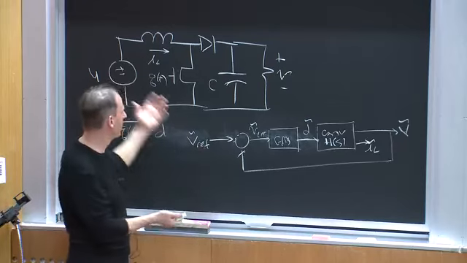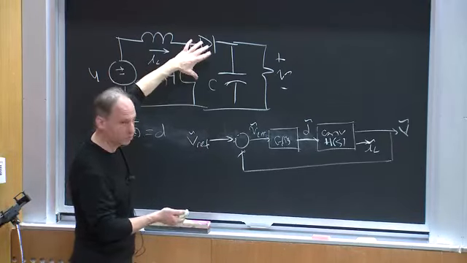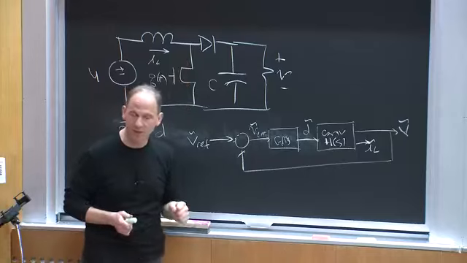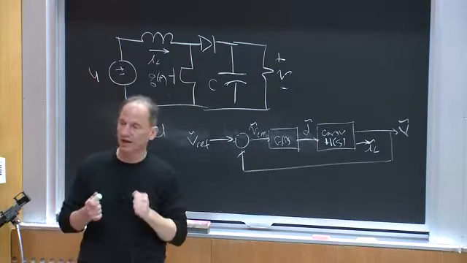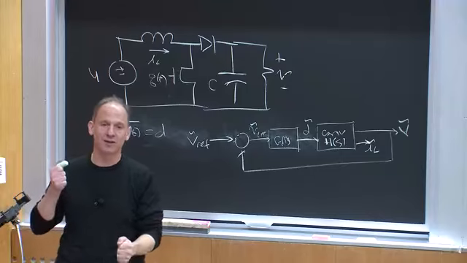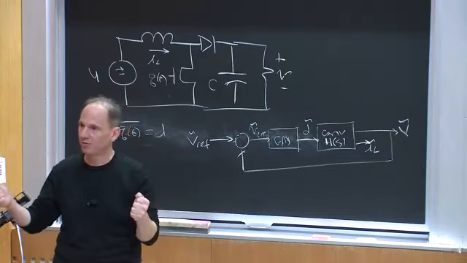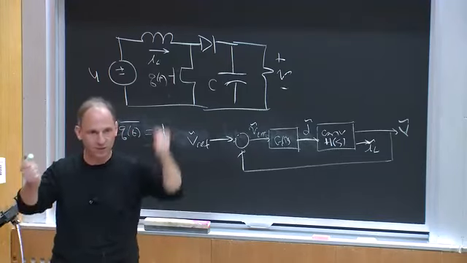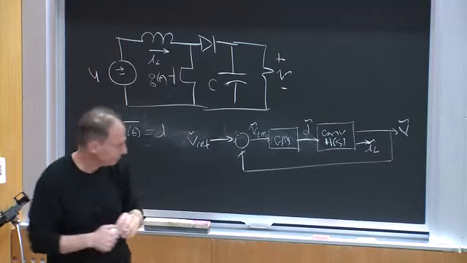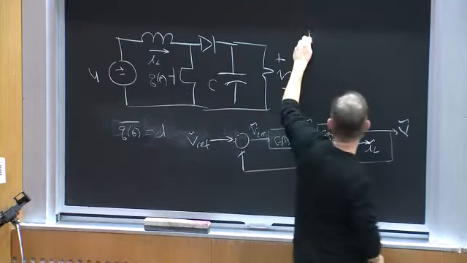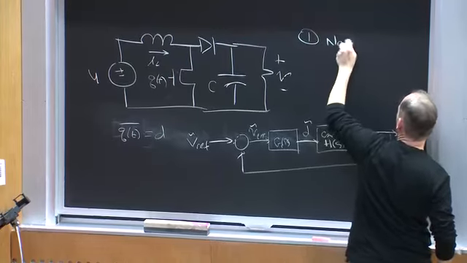So because the modulation is mediated by the switching, we get nonlinear behavior. And what that means is that the small signal dynamics physically vary with different values of, say, input voltage and output voltage. So if I have a different value of input voltage and the same value of output voltage, I should expect my dynamics to vary. So one, we saw nonlinearity.